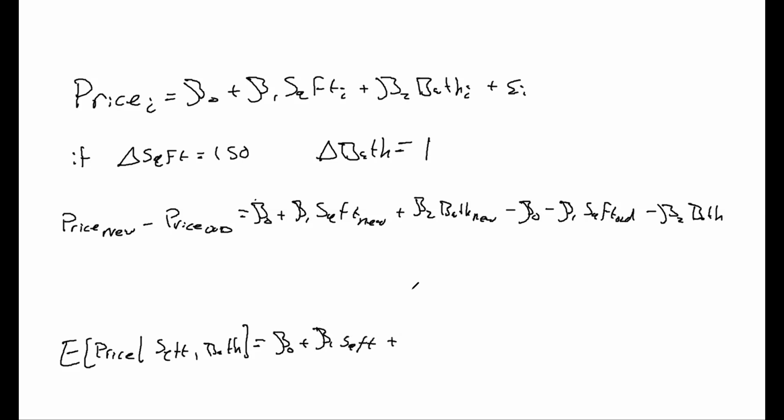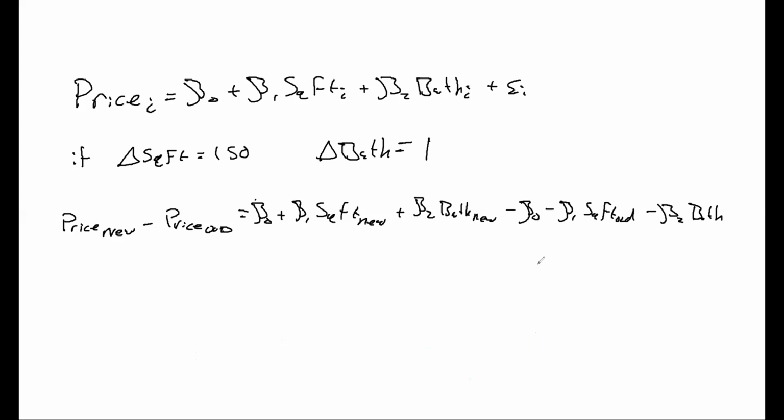And then beta 2, you factor it out. Beta 2 times the expected value of bath. We know the bath because it's conditional on the number of bathrooms, so we just plug it in. Plus the expected value of our error term, which is 0, so that just goes away. So keep that in mind as we go.